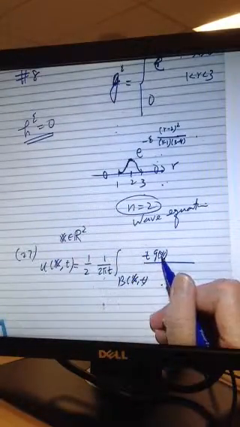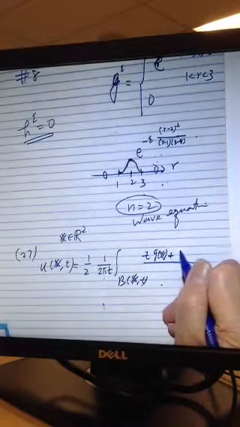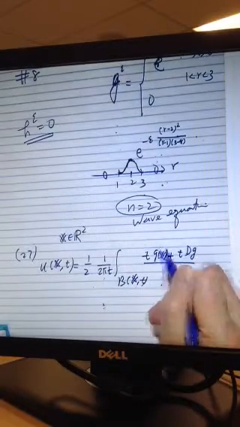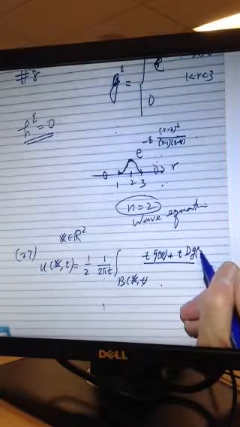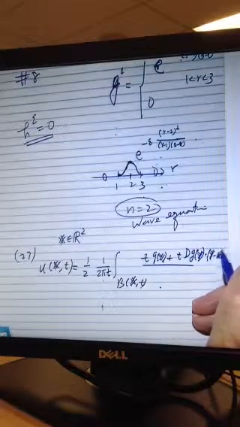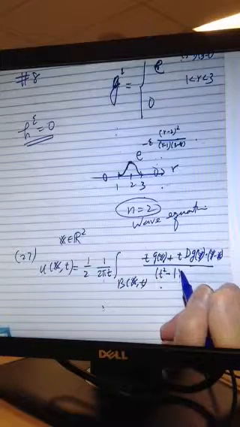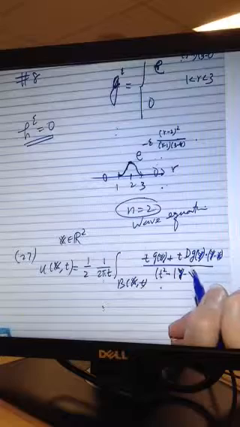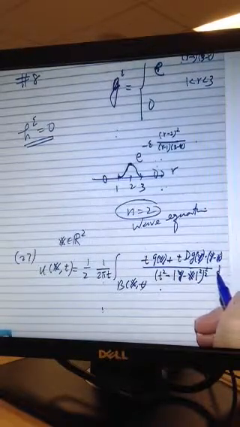So I use that formula. Since h is 0, I don't need to use that term. Then I have this t Dg(y). Of course I need to put epsilon here. Dg(y) dot (y minus x), and then here is (t squared minus |y minus x| squared) to the 1/2, and then dy.